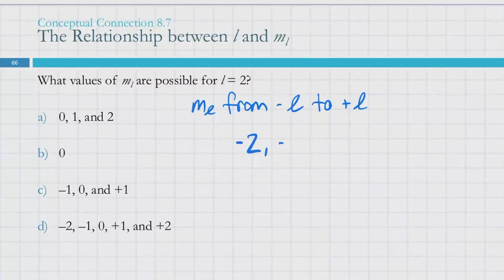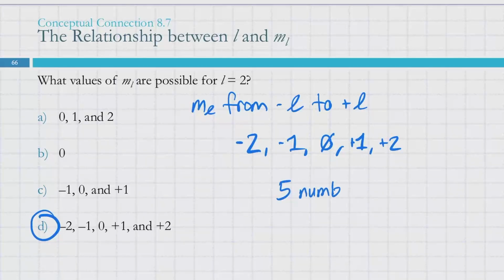So -2, -1, 0, +1, +2 would be our options. That means D is the correct answer. How many options do we have for M sub L? What's the number of numbers that we have? 5 numbers. Five numbers means 5 specific shapes within the shape family.